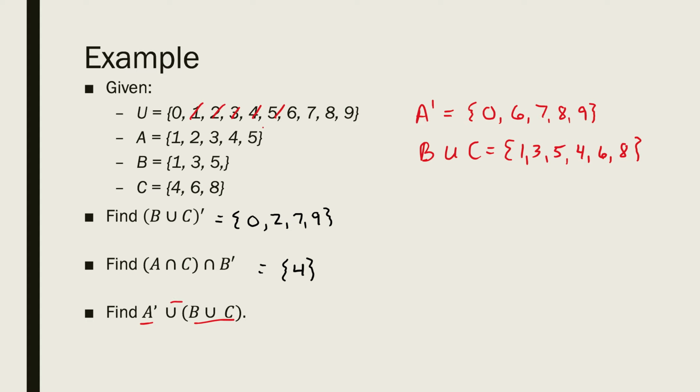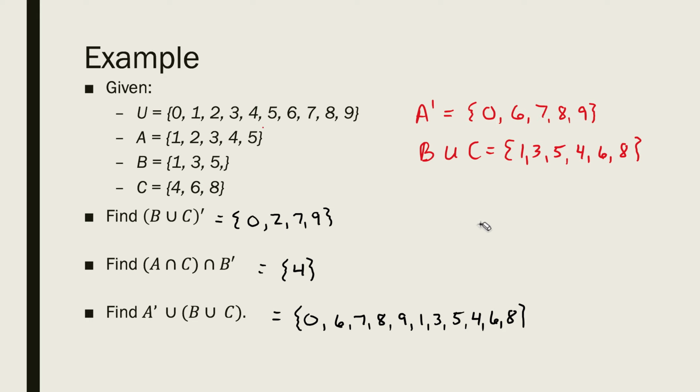And we're now going to union these two sets. So we'll put these two sets together, making sure that we don't have any duplicates. So I'm going to first write down set A complement. Then I'm going to write down B union C. And then I'm going to go through and erase anything that is a duplicate.